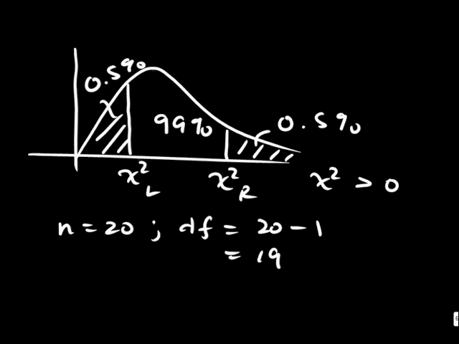Taking a close look at the chi-square table, we look for row 19. And we actually need two values. We'll need 0.995 and 0.005.